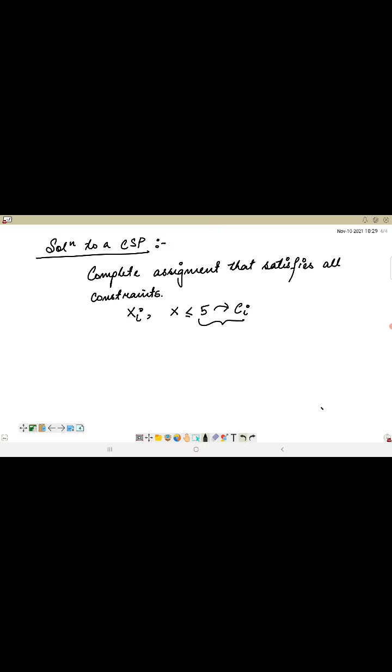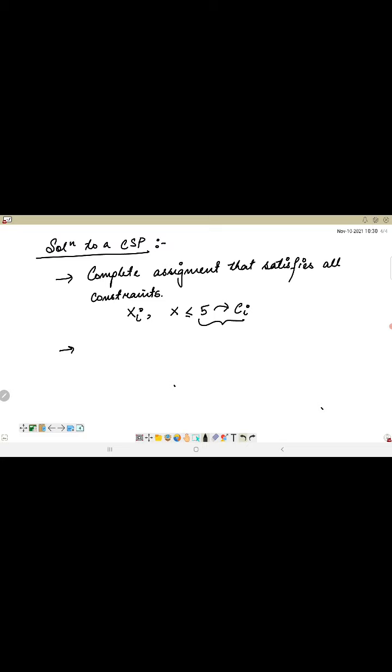So when we are talking about a solution to a CSP, it has to be a complete assignment which satisfies all constraints associated with that particular variable. Some CSPs also accept a solution which satisfies some of the constraints, not all, but generally a complete solution to a CSP requires satisfying all the constraints.